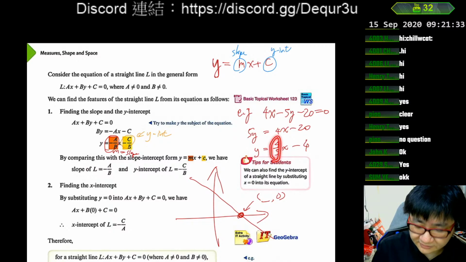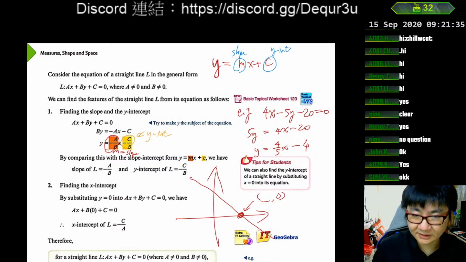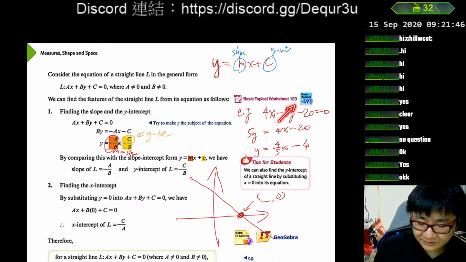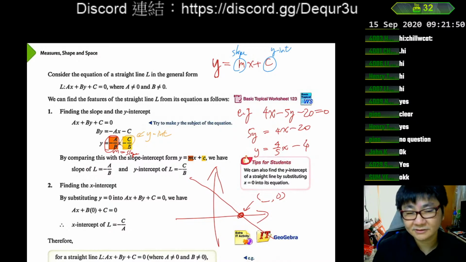Then we can read the slope and the y-intercept easily. What about the x-intercept? The x-intercept can always be found by putting y equal to 0, and the y term will just go away. Therefore it is also not hard to find the x-intercept.